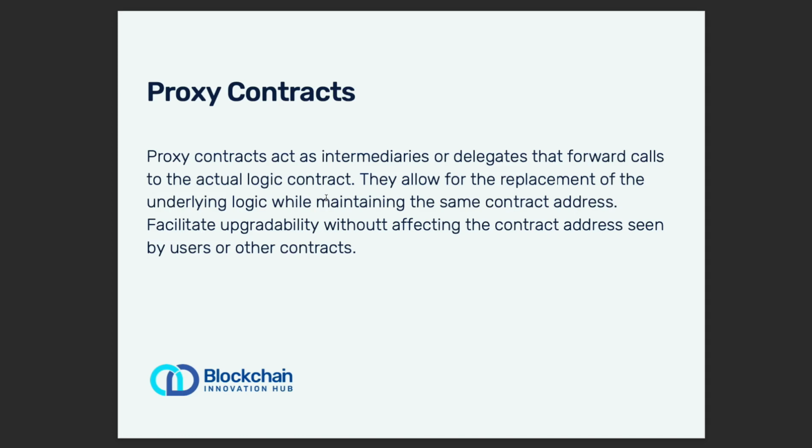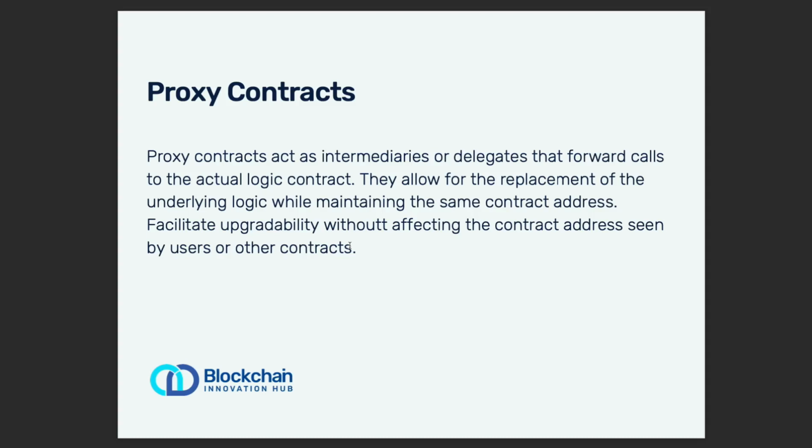It acts as a middleman. You can change the underlying logic which the middleman calls whenever you make a call, while still retaining the same contract address. Now, this also facilitates upgrading your smart contract without affecting the contract address seen by users or other contracts.